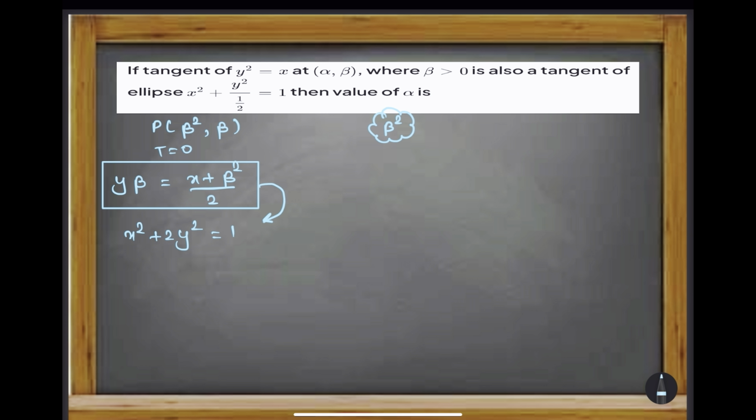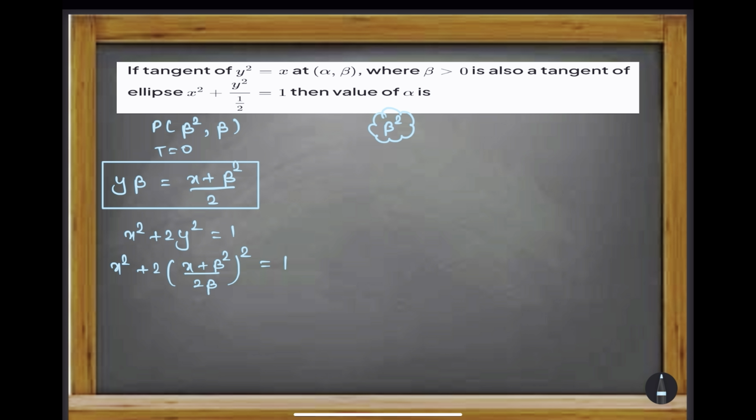So can I say that if I satisfy this, it will intersect at one point? So x square plus 2 times, in place of y, can I write (x plus beta square) by 2 beta, whole square, equals 1? Just tell me, till this part you guys are okay?